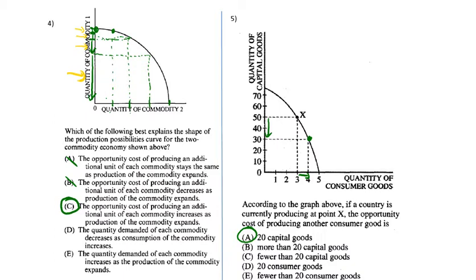If I want to increase production of commodity 1, look, you can just see by the curve, I'm doing almost no sideways motion, right? I'm going left almost none at all. And the further I get, the more left I'm going. And here I'm going mostly left and almost no up. So my opportunity cost is increasing, all right?